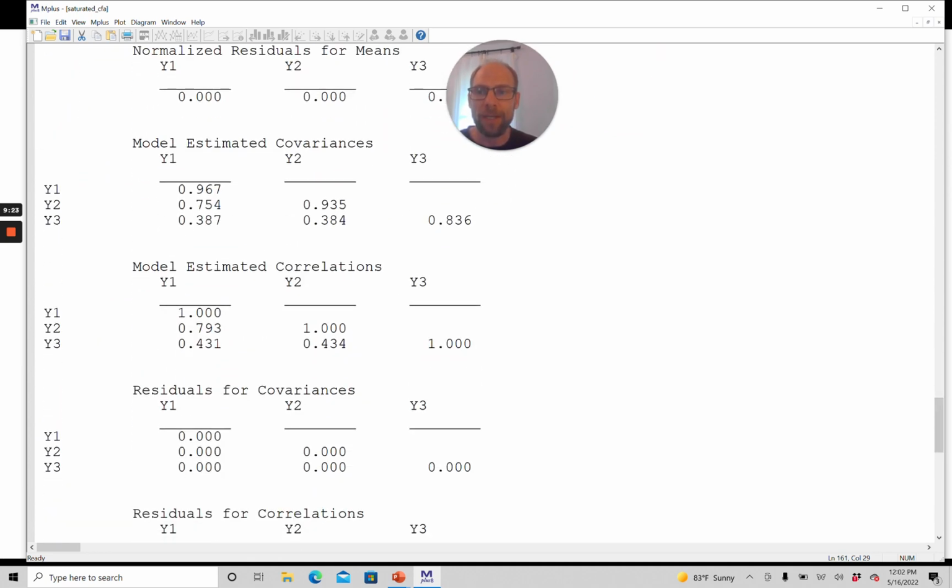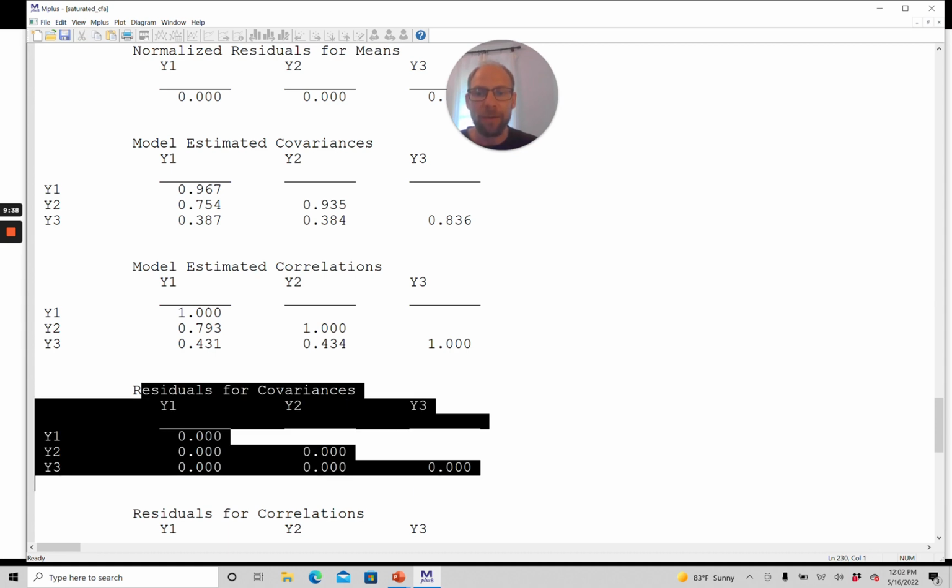When you take a look at the model estimated covariances, you'll find that these are exactly identical for a saturated model to the observed covariance matrix. And again, you can also verify this by looking at the residual covariance matrix down here, where you can see that all the elements in that residual covariance matrix are 0.